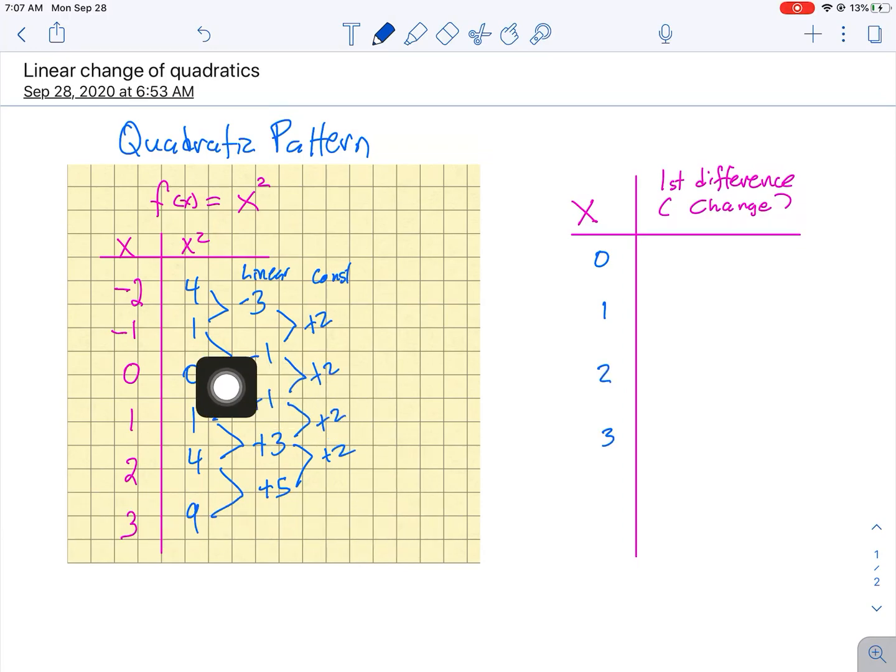So again, I'm looking at the linear change. To go from negative 1 to 0, we can see that the linear change is negative 1. To go from 0 to 1, we can see that the linear change is plus 1.